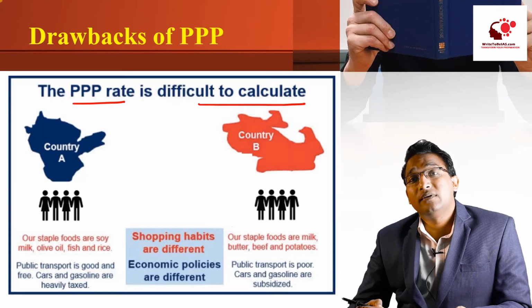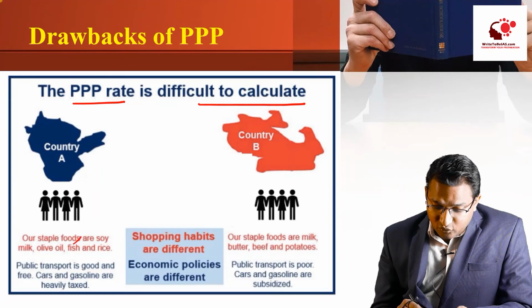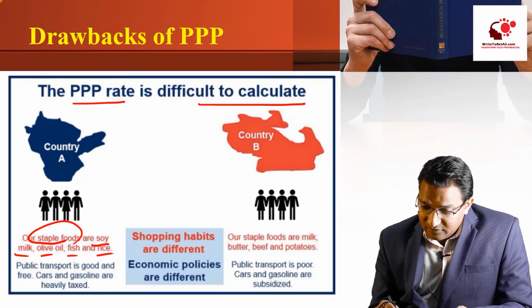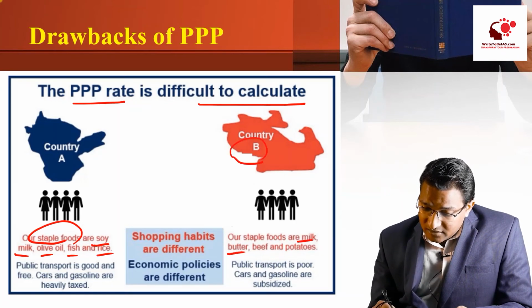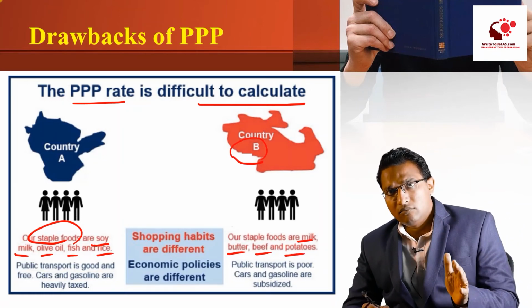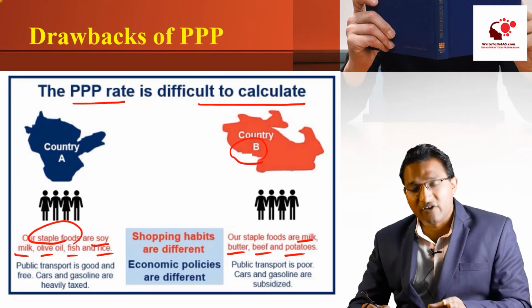For example, in country A, the staple food can be soya, milk, olive oil, fish, rice. And in country B, the staple food is milk, butter, beef, potatoes, etc. So comparison of the food basket in the two countries is difficult.